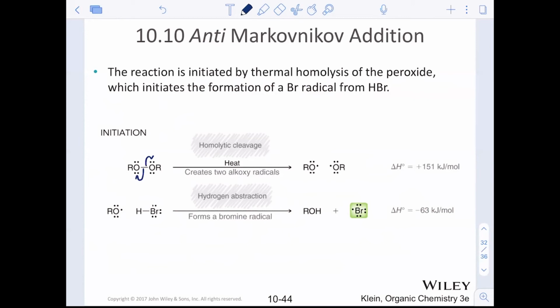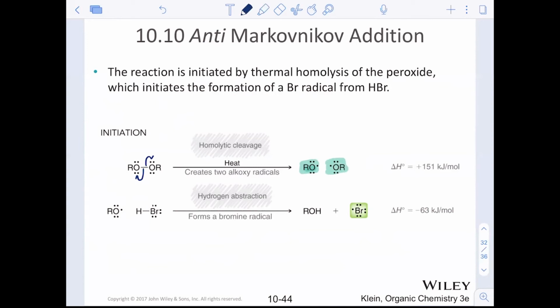Just in case I haven't mentioned, the arrow for that peroxide can either be on the top or on the bottom, so it doesn't matter where you start drawing your arrows. Either way is a-okay. But what this makes is 2 peroxide radicals. And this is what's going to be going forward in our initiation step.